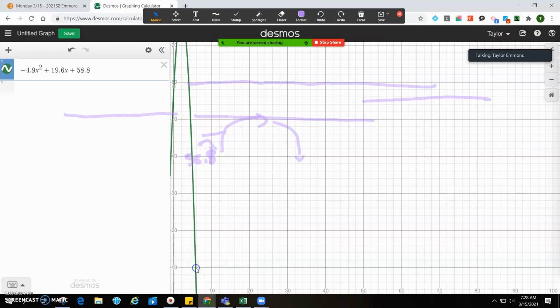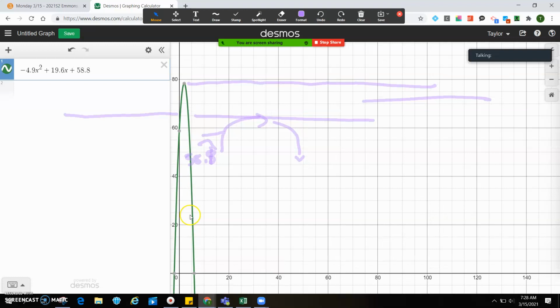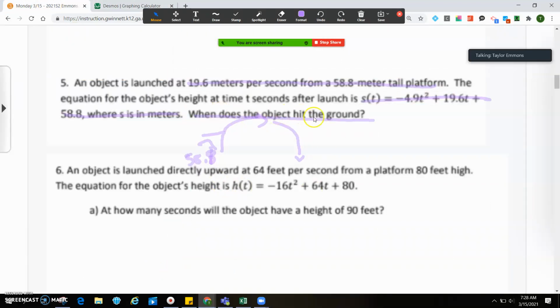And then where does it actually cross the x-axis? It crosses at 6. So after 6 seconds, it would hit the ground, because remember, the x-axis is the ground, right? So when did the object hit the ground? At 6 seconds. Okay?